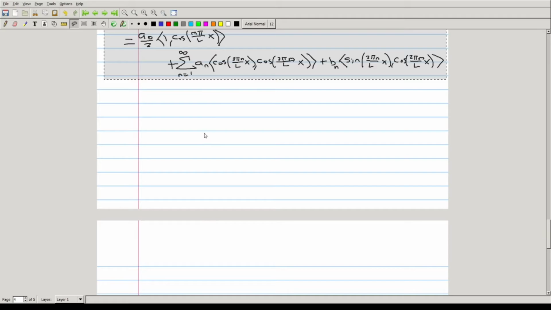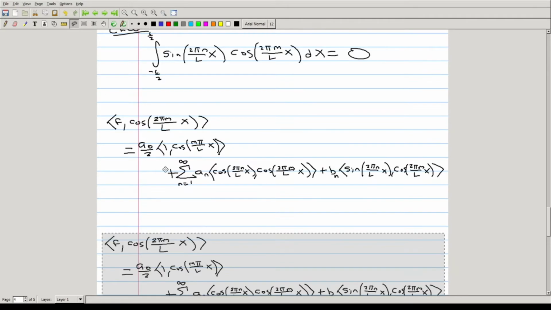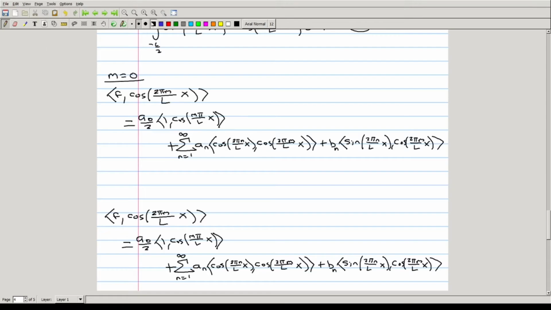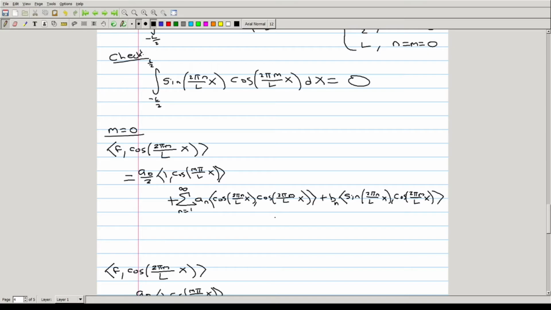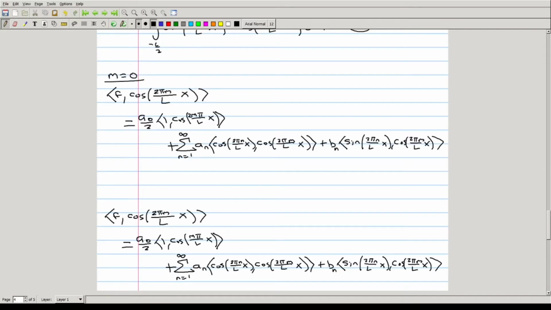Remember, the whole goal here is to solve for the coefficients a naught, and then the infinite set of coefficients a n and b n. Well, when m is equal to 0, this inner product right here ends up being equal to just L. And because of our orthogonality relations, each one of these is also going to be 0.